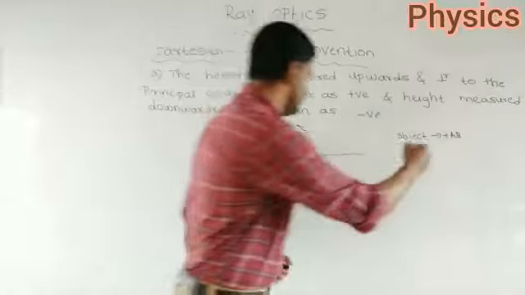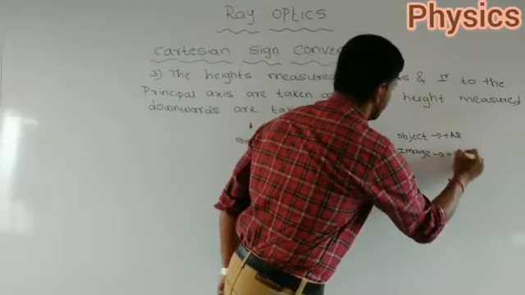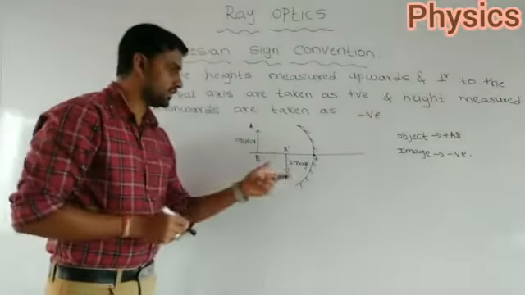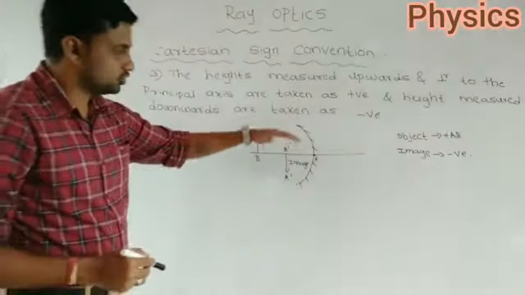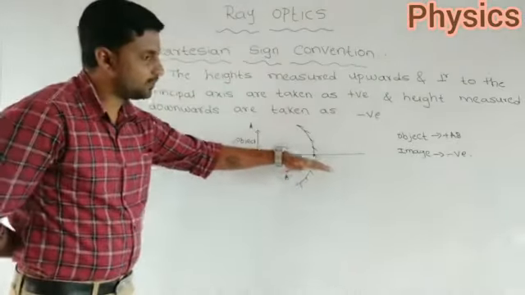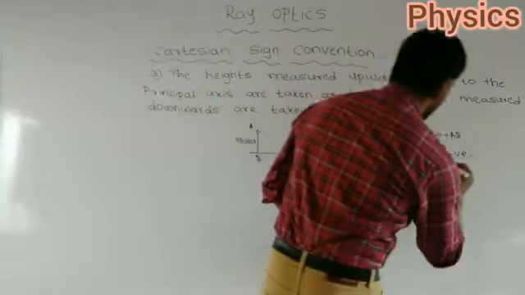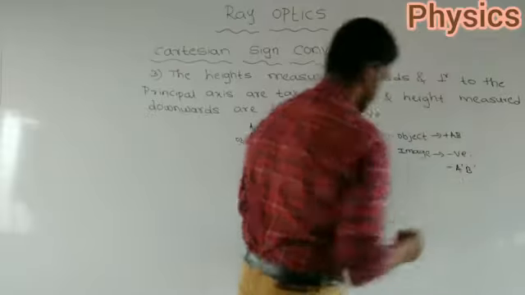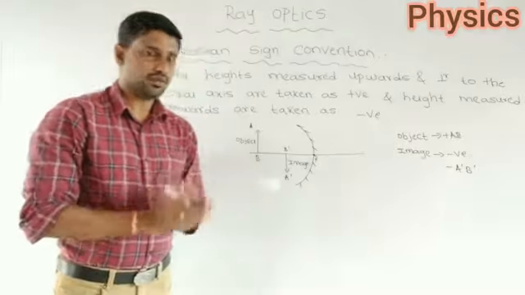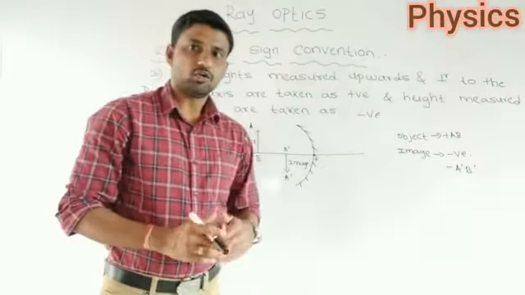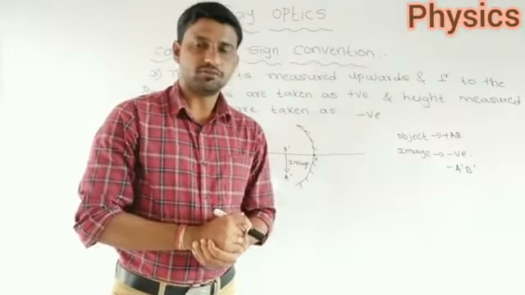So here the image should be negative, because we are getting the image below the principal axis. So here negative A dash B dash. This is the very important sign convention rule. This is very important in our numerical part also. So there are three sign convention rules we have studied.